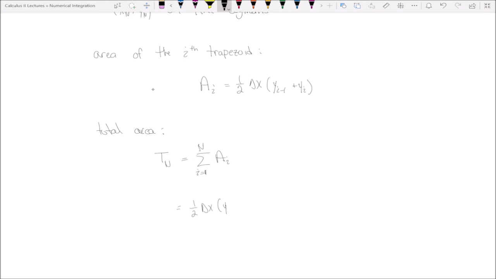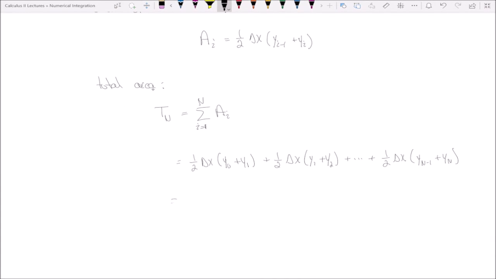This would be y naught plus y1. Then plus 1/2 delta x, y1 plus y2, plus so on and so forth, plus 1/2 delta x, y sub n minus 1 plus y sub n. If we group terms together, notice we get a half delta x, that's common, times a single y naught term.